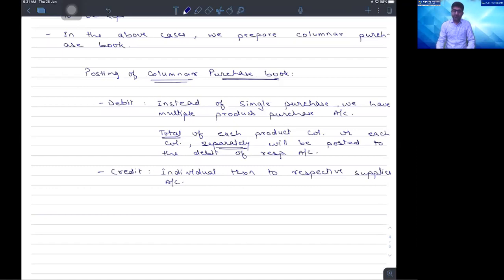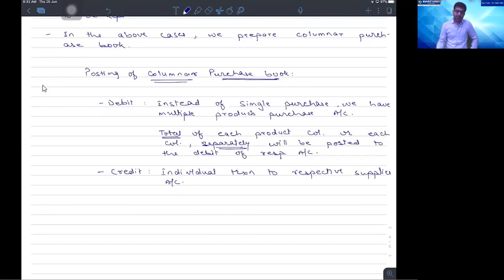What was the purpose of columnar purchase book? Was only to have the separate record for each transaction. You want to have the detailed record for each product or group of product, and that's why you are maintaining what?